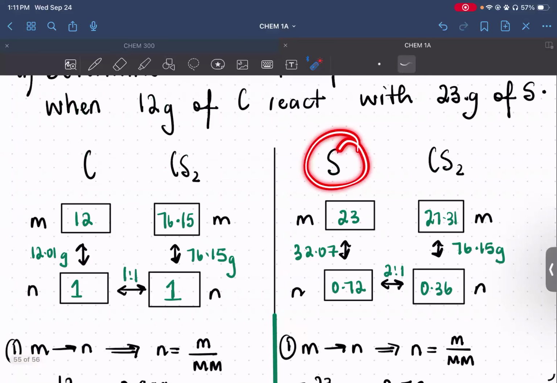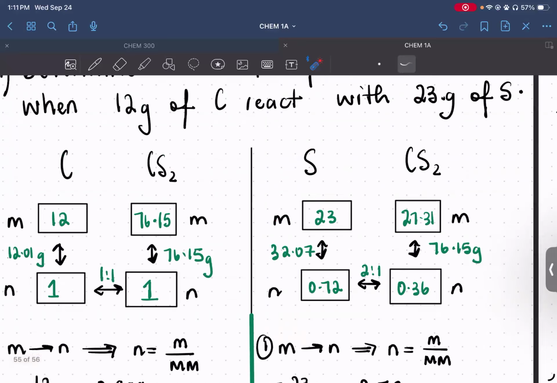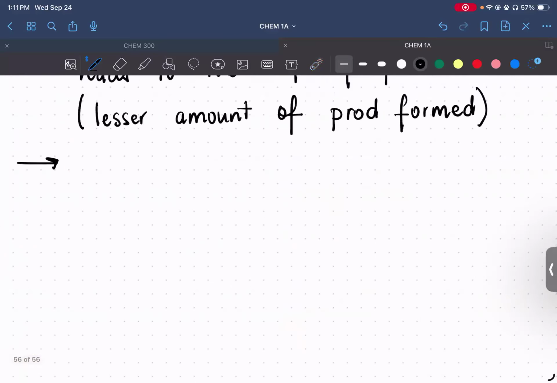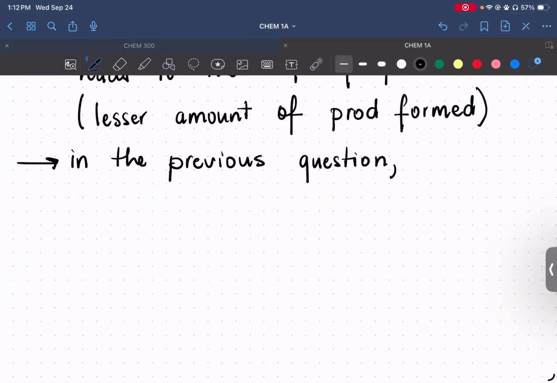The reactant that leads to that lesser amount is known as the limiting reactant. So in the previous question, sulfur is the limiting reactant.